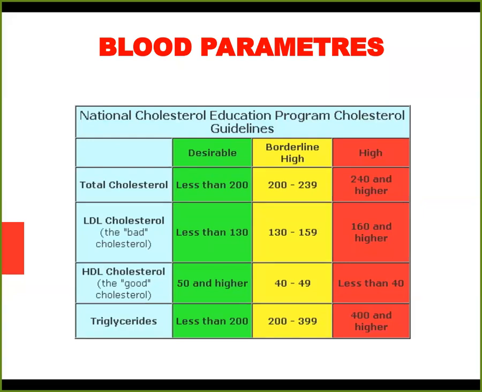That's why these problems are again highly important, and we should diagnose these problems early by measuring this parameter, the amount of cholesterol and subgroups, good and bad cholesterol, in our blood.